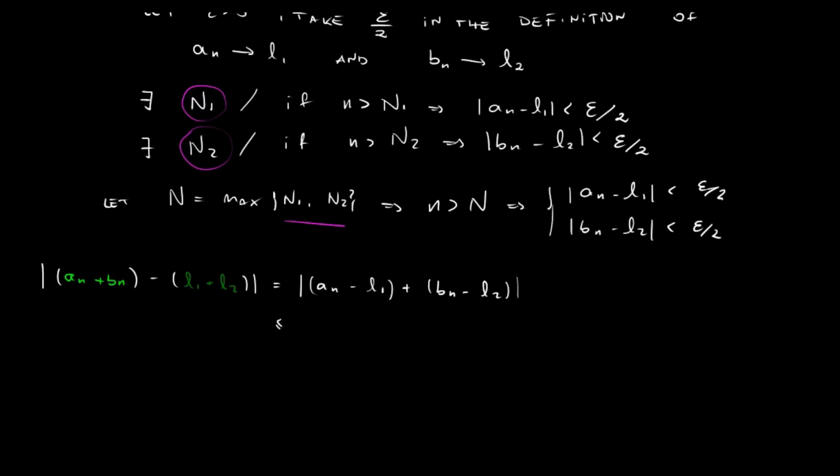And now we can use the triangular inequality and rewrite this as the absolute value of a sub n minus L1 plus the absolute value of b sub n minus L2.